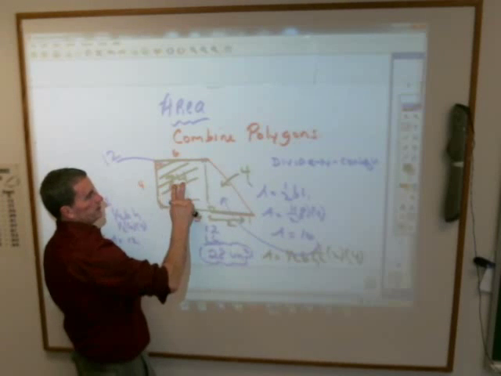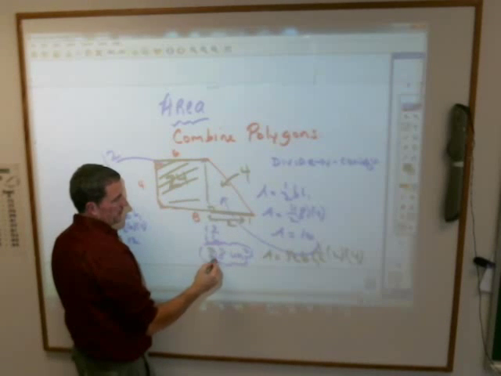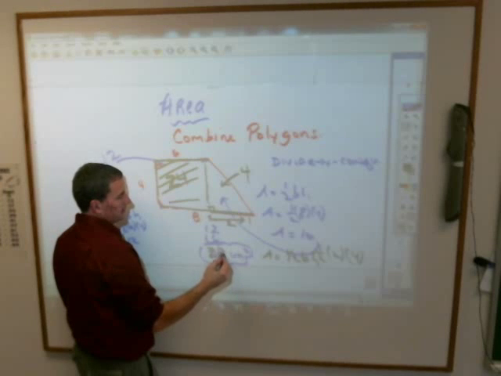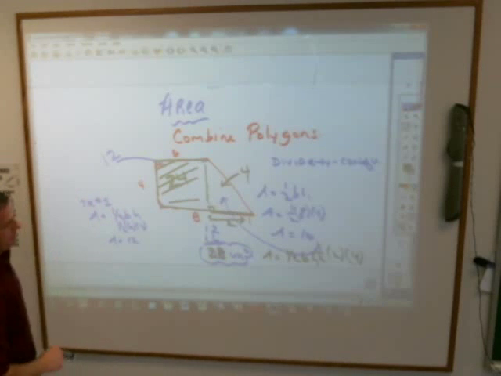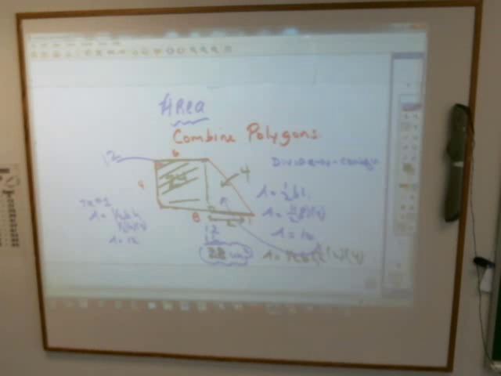And look what happens. If I add 24 and 4, I get 28. I love it when a plan comes together. So you can see the amount of work that you're going to have to show on your papers for this. This is not going to be just write down the answer.